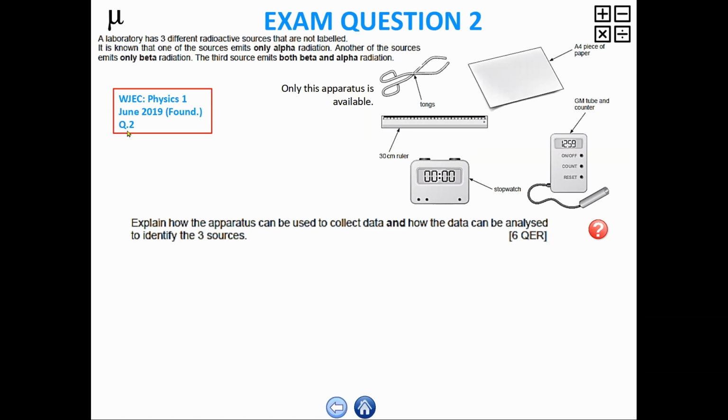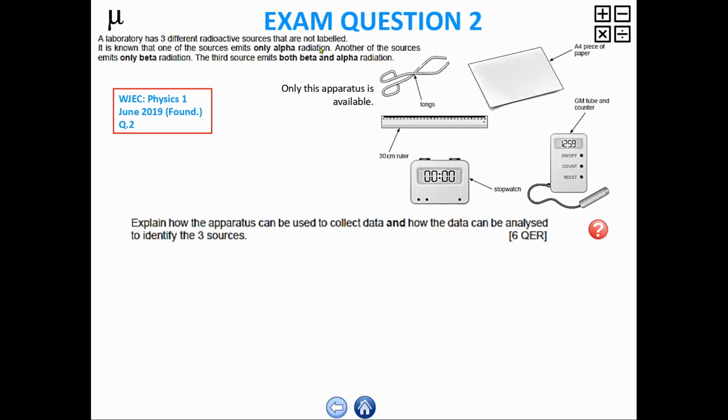Explain how this apparatus can be used to collect data, and how the data can be analyzed to identify the three sources.